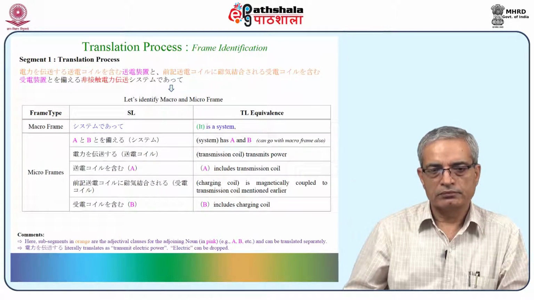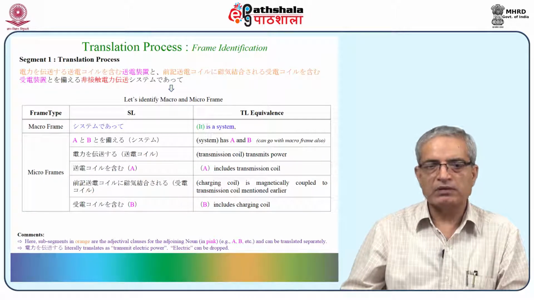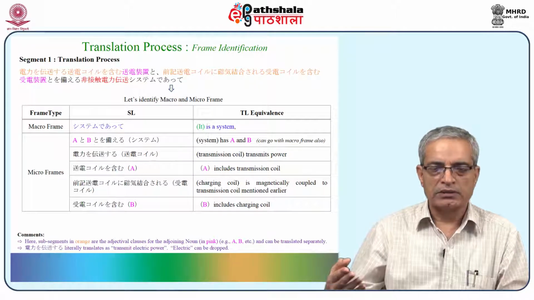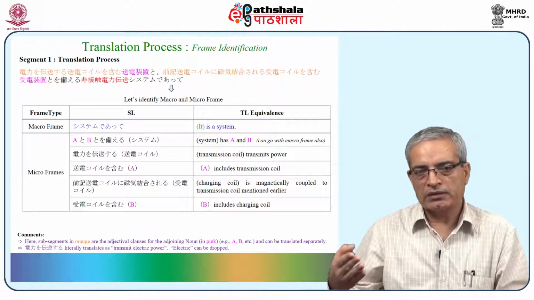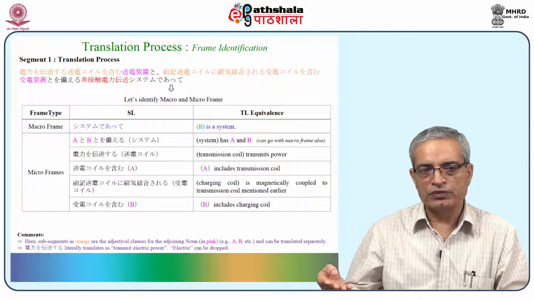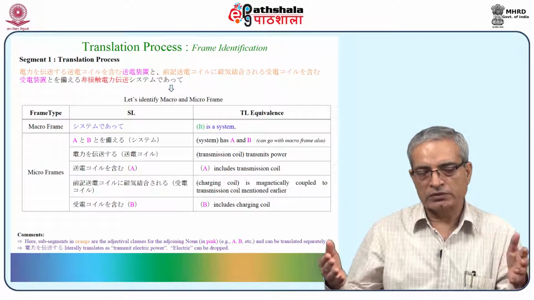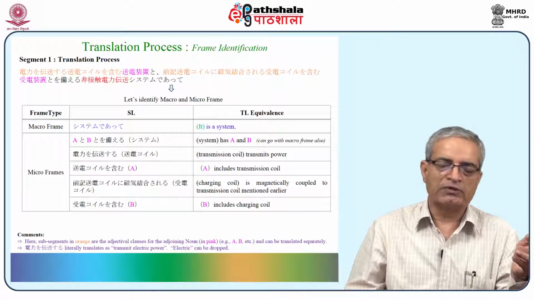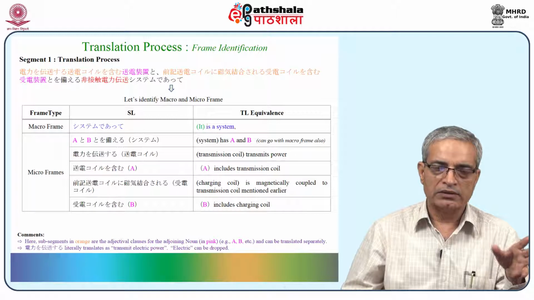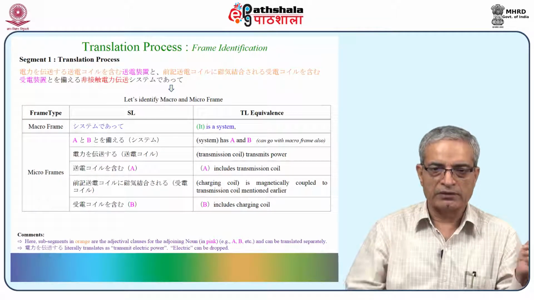Electric can be dropped. Yeah, so transmit power is enough in this case because of course denryoku has the kanji of den and ryoku, which means electric power, but when we say power in English without knowing any context, you may have to say electric, but if you know that they are talking in an electrical context, then power means electrical power.